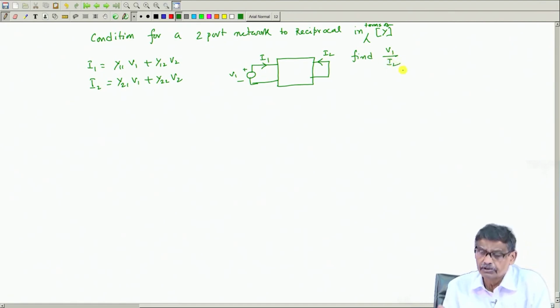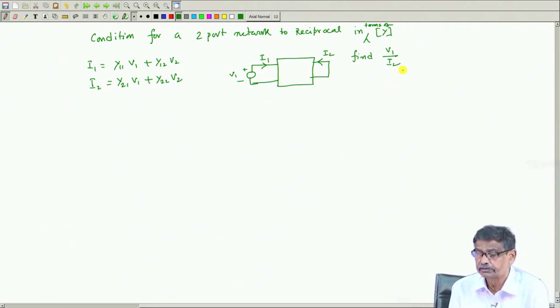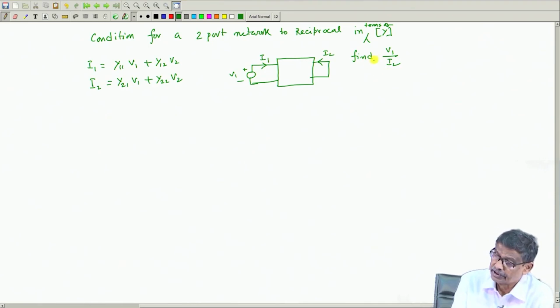I have to find V 1 by I 2, no matter whether you are representing the network with Z parameters or Y parameters. I will simply say this V 1 by I 2 should be the same as this V 2 by I 1. So, find this, and you short the secondary, V 2 equal to 0.